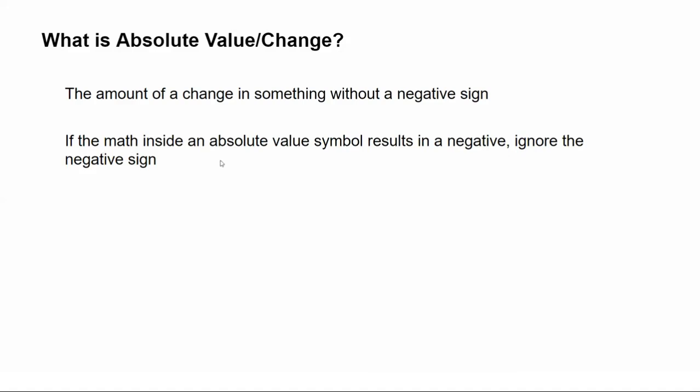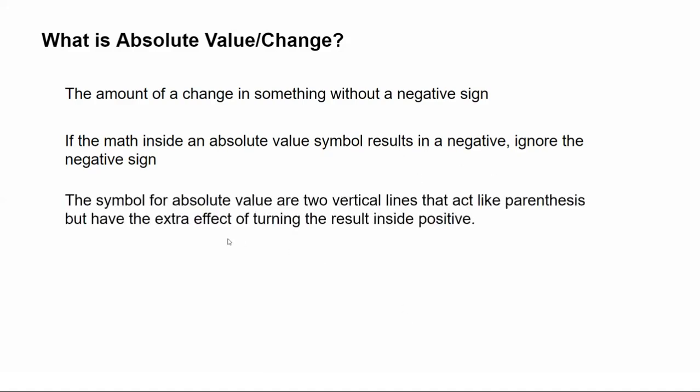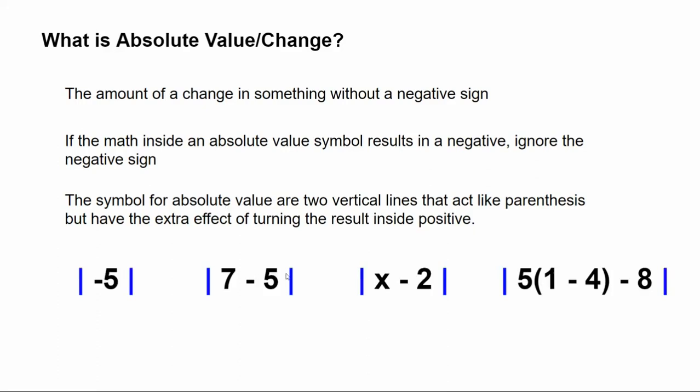So there are absolute value symbols that we will review in a moment. If the result of what's in the absolute value symbols results in a negative, we're just going to ignore that negative sign and treat it as positive. The symbol for absolute value is two vertical lines. They look like this. They act as parentheses, but they have the extra effect of turning the result of whatever is inside positive.